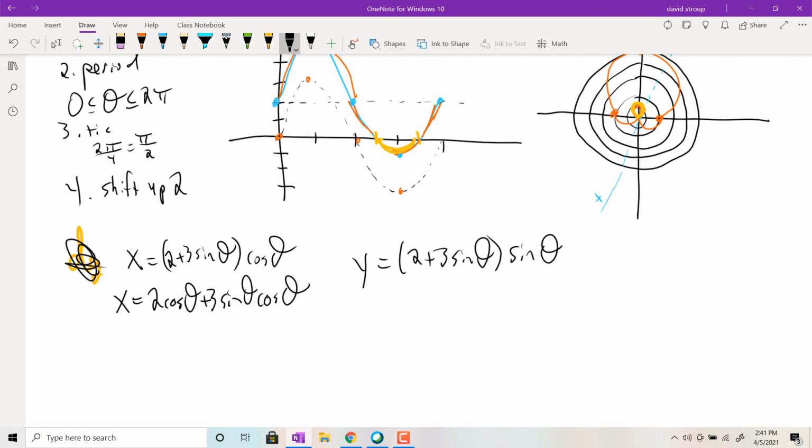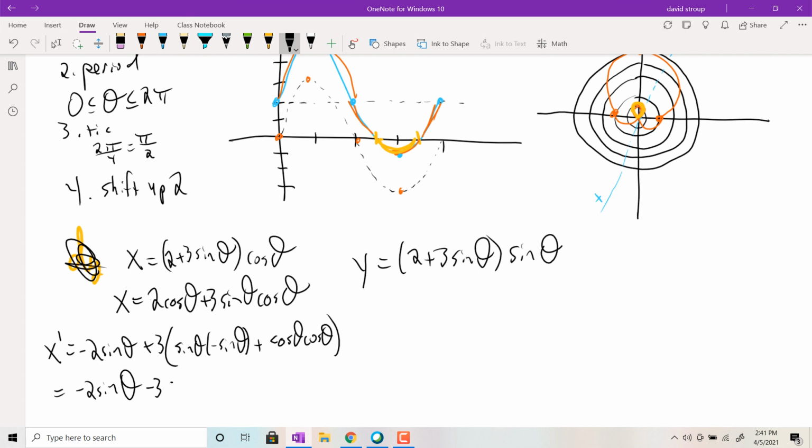And then I need its derivative. So its derivative is going to be -2 sine theta plus 3. And then I need a product rule. Leave sine alone, the derivative of cosine is negative sine, and then plus the derivative of sine is cosine, and then leave cosine alone, and you end up with -2 sine theta minus 3 sine squared theta plus 3 cosine squared theta.